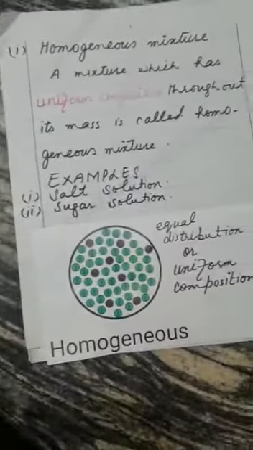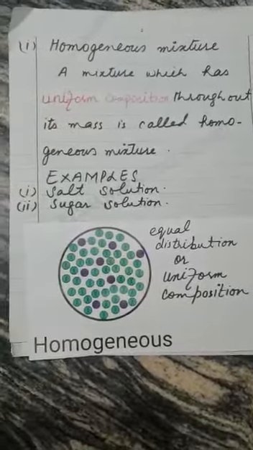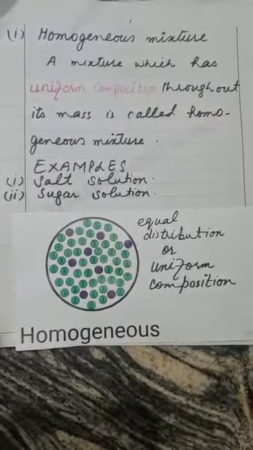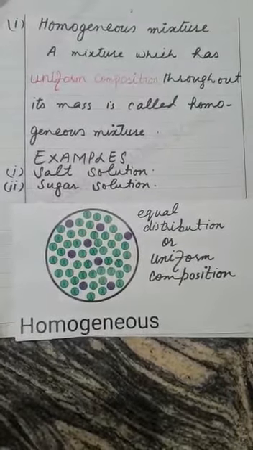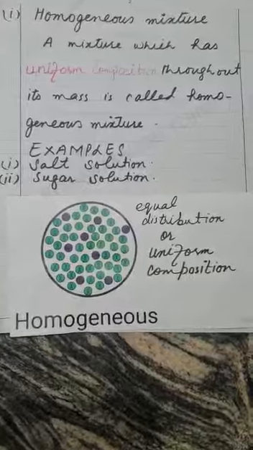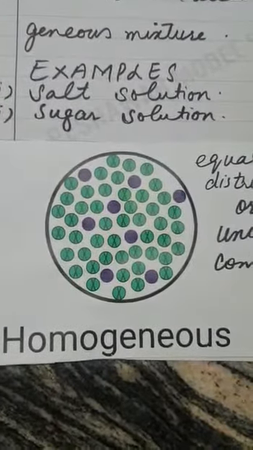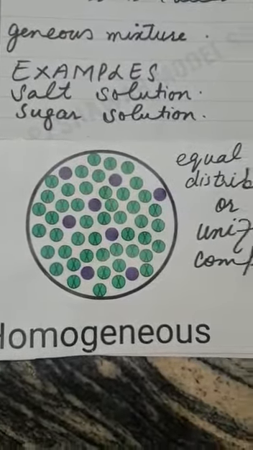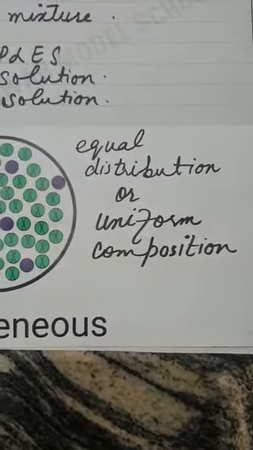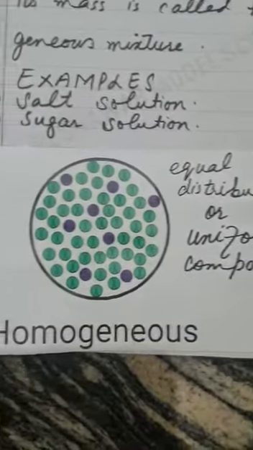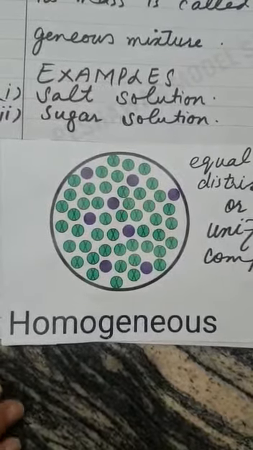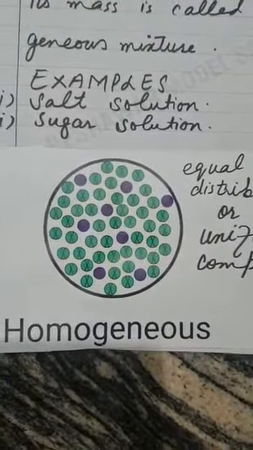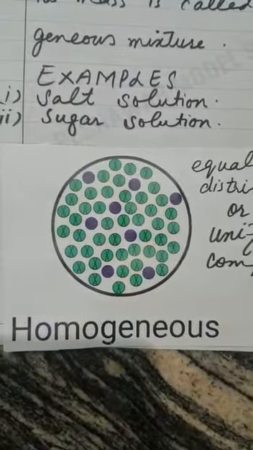Now we will discuss the homogeneous mixture in detail first. Homogeneous mixtures are mixtures which have uniform composition throughout their mass. It means that the components are equally distributed. In this picture, you can observe that the two components, the green and the purple, are equally distributed with one another.